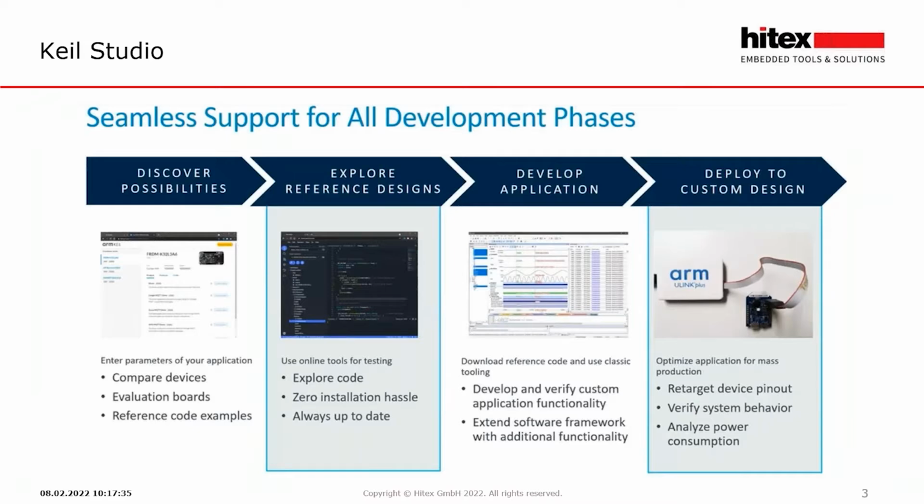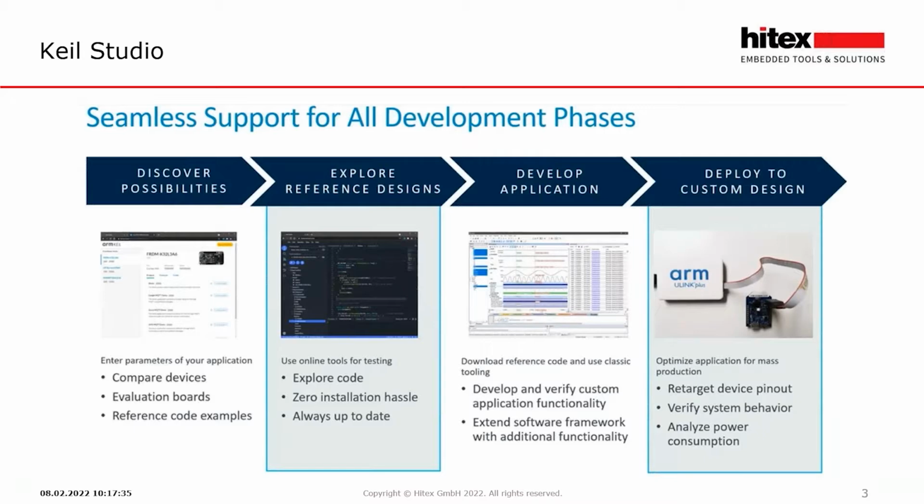At the moment, it provides support for a limited range of boards, but these are going to expand fairly rapidly. So we can begin by selecting the device and evaluation board that we want to use.